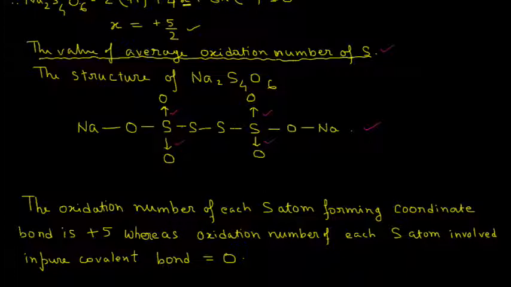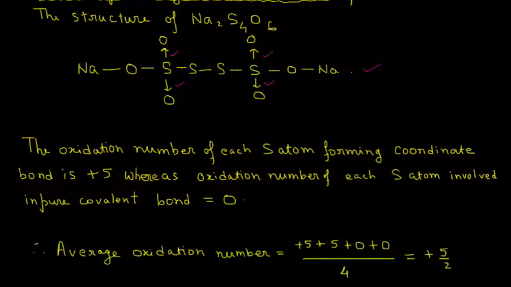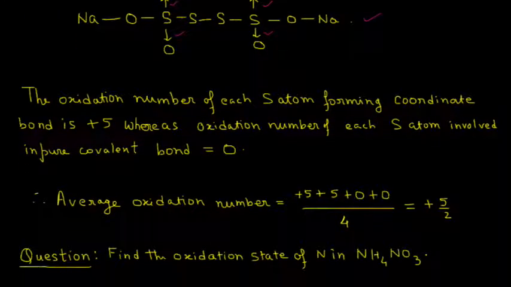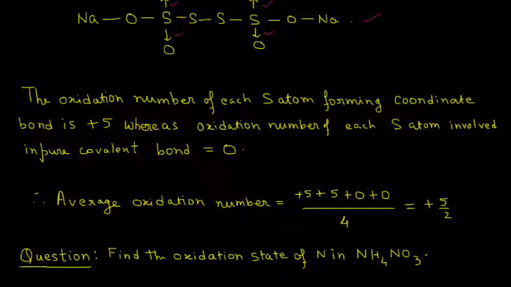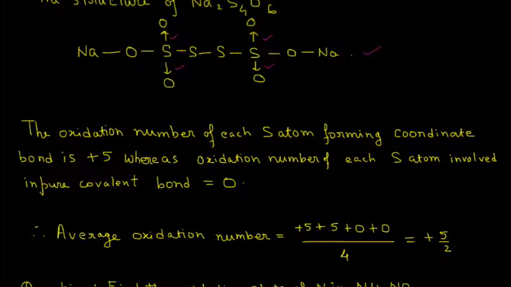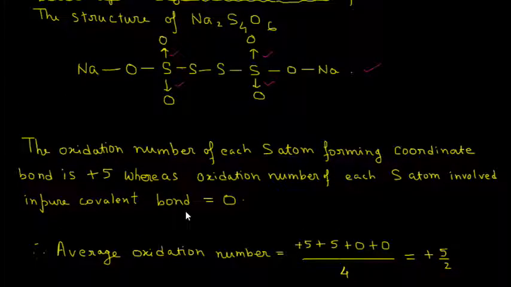So here we put the average oxidation number as +5 +5 +0 +0 upon 4. Upon solving we get +5/2.